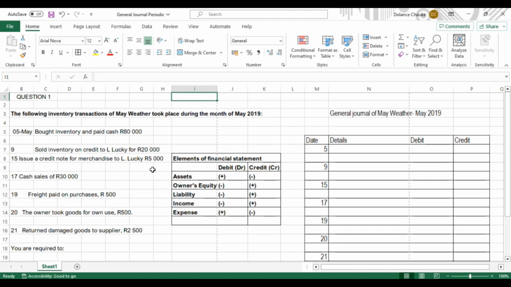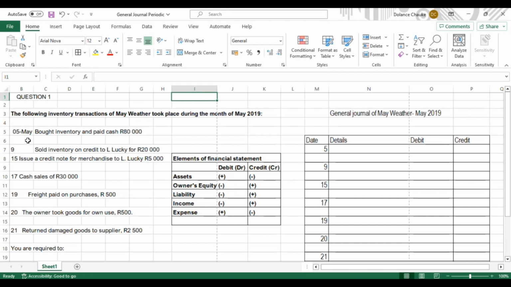Okay, so let's see. They're saying the following inventory transactions of Mayweather took place during the month of May 2019. Transaction number 1 happened on the 5th of May.